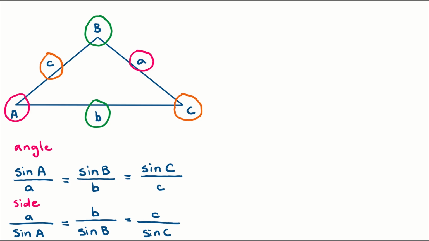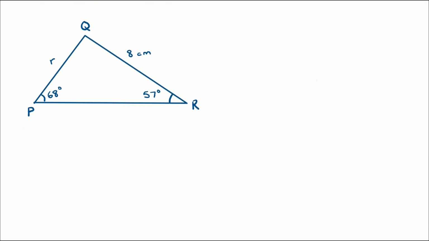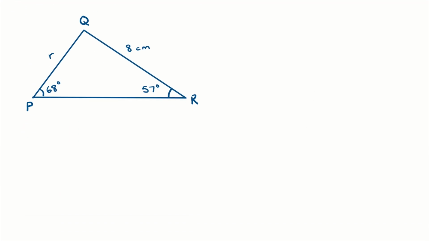So let's take a look at how this looks in practice with our first question. In our first example, we have triangle PQR, and we are trying to find side R. So the way sine law works is using opposite side, opposite angle pairs.